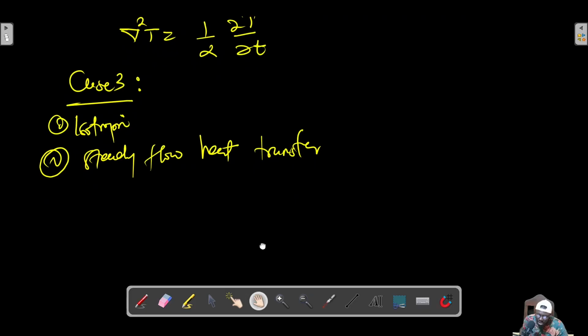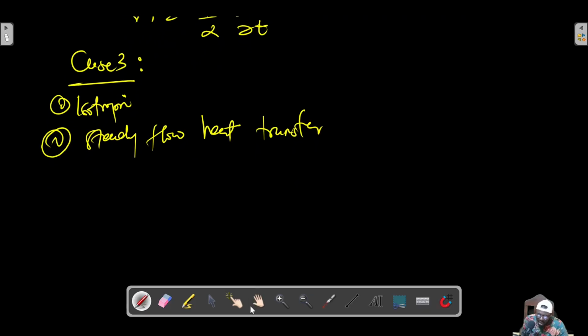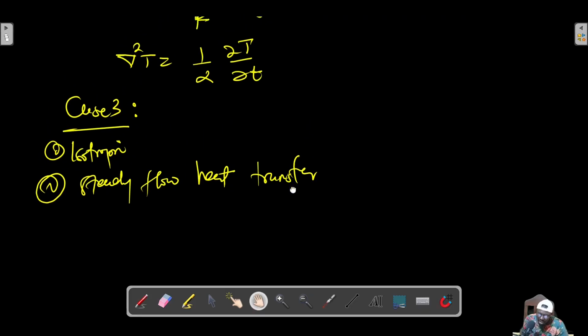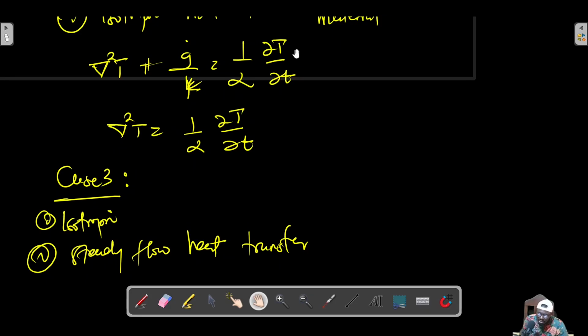What will our equation be? Now our equation will be, for steady flow heat transfer, it means del T over del t goes to 0, because when you have a steady flow, then for a control volume, the time rate of change of all the properties will go to 0.